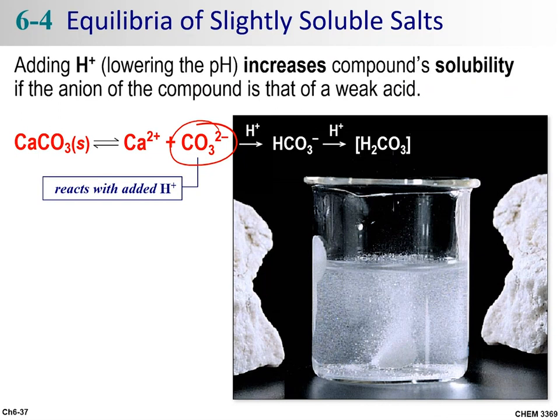So adding acid or adding H+, which is equivalent to lowering the pH of the solution, increases the salt's solubility, but only if the anion of the ionic solid is that of a weak acid. The carbonate has to react with the H+. Carbonate is the anion of a weak acid, carbonic acid.